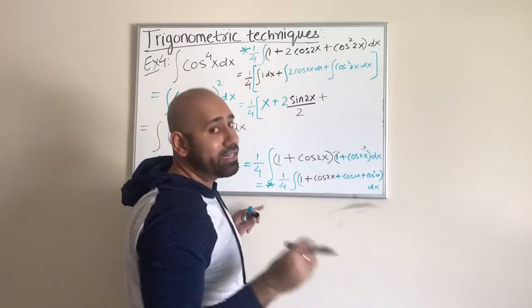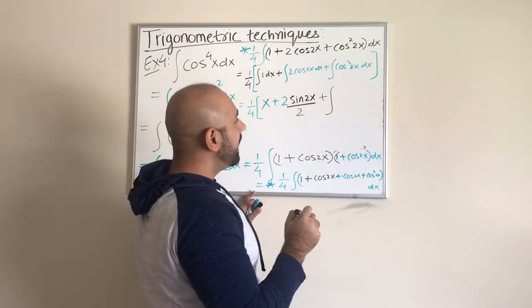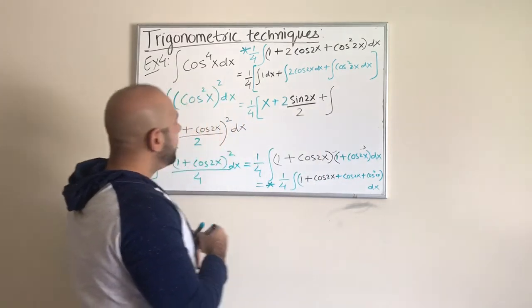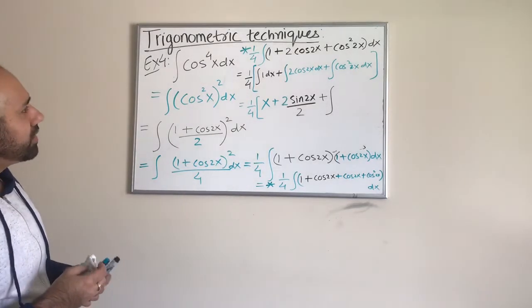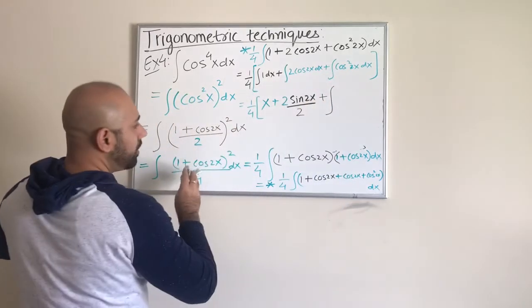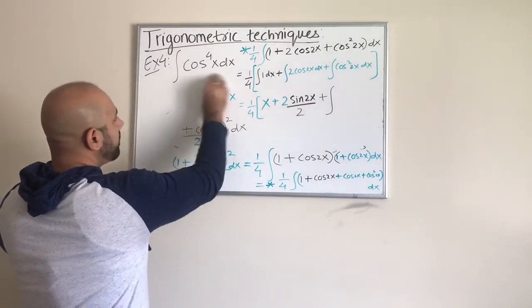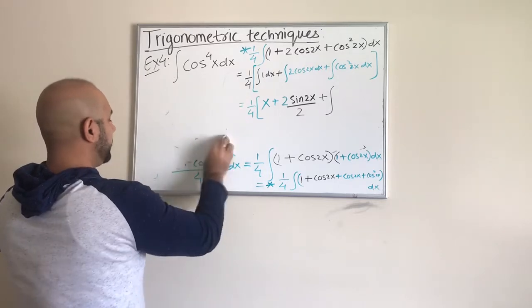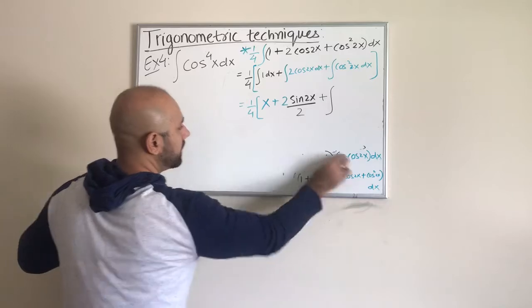Again, we cannot directly evaluate the integral, so what we're going to do is rewrite this. So guys, again, let me get rid of some of the stuff here so that I can actually show you how to rewrite this. So let us get rid of all of this.